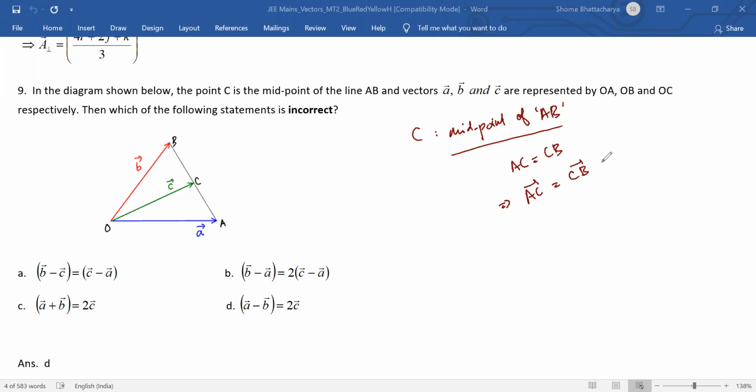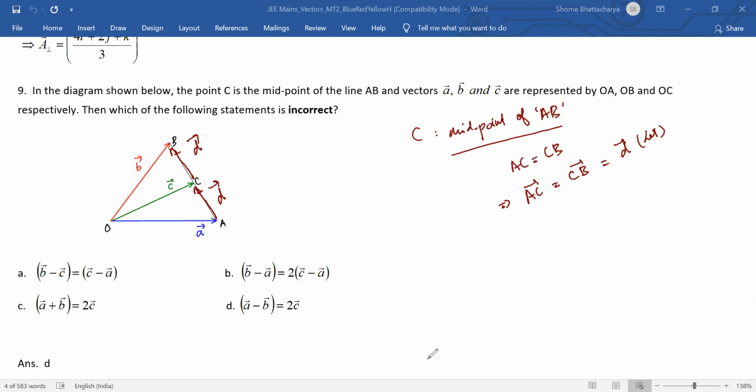Let us say this is some new vector D, suppose. Coming back to this diagram, you can now see that this vector from A to C, if that is the vector D, then this vector from B to C is also the same.